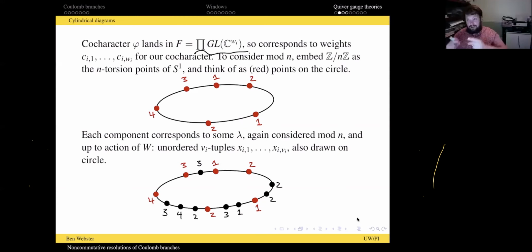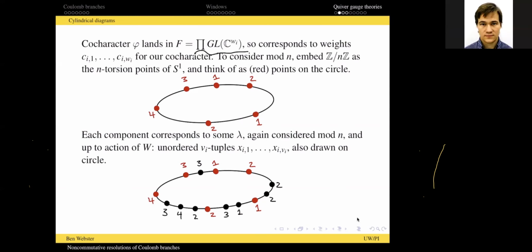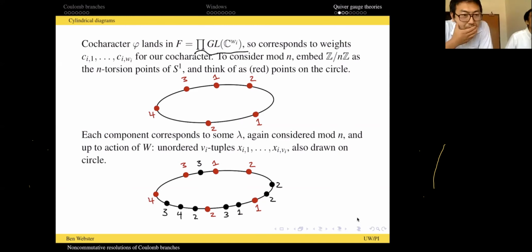No, these are fixed points. I'm going to have different components of the fixed points of my Z mod n action. The different components are going to correspond to different ways of positioning the black points. Each way of putting the black points on the circle gives me a line operator, and I'm going to take the sum of those over all ways of putting those on the circle.